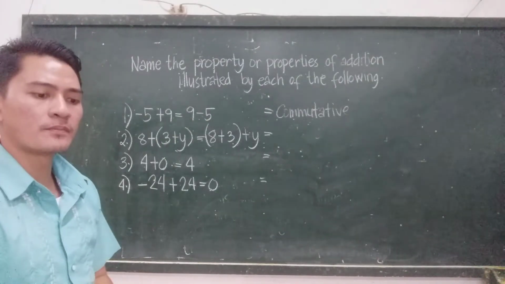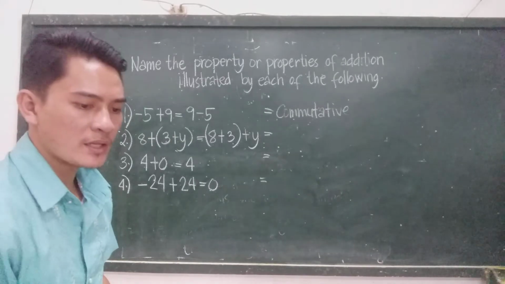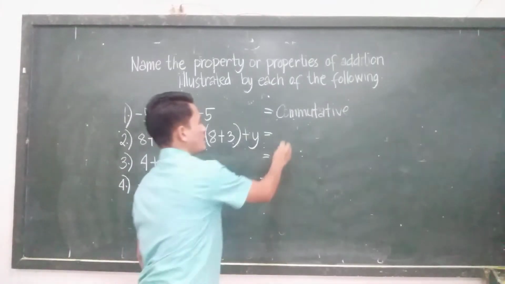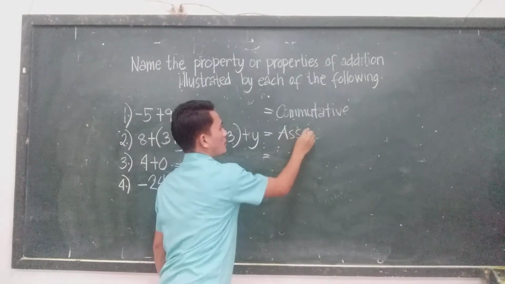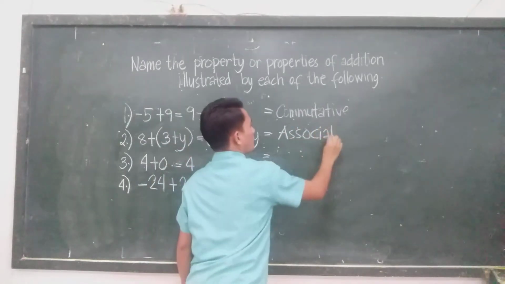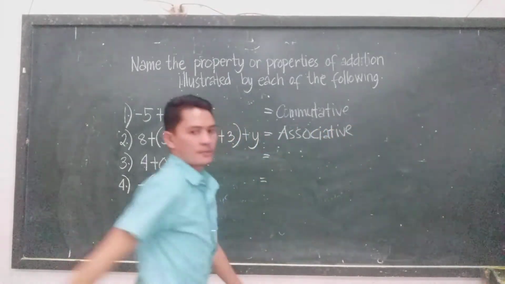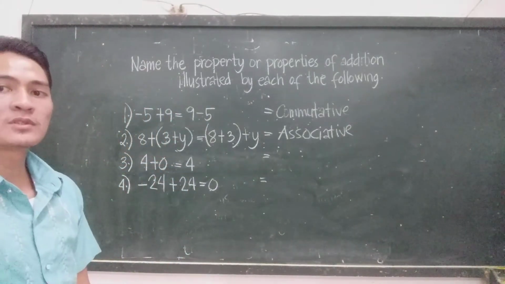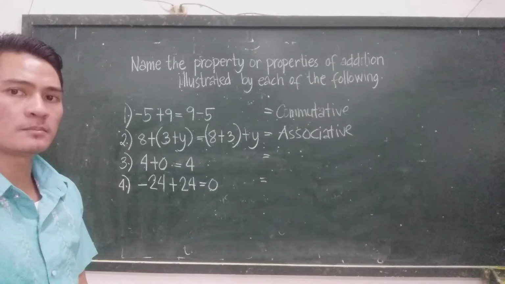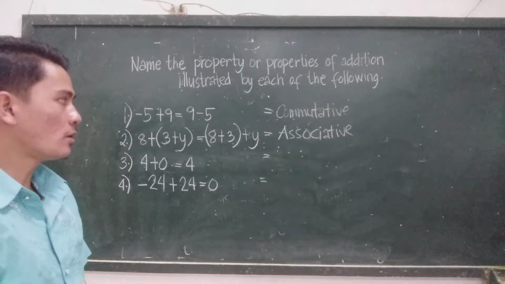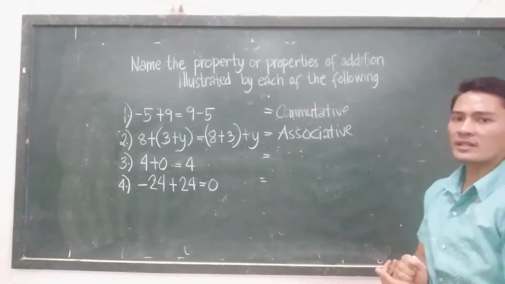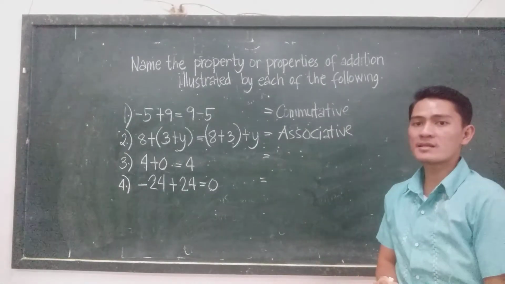Next, number 2 is the associative property, because changing the grouping doesn't affect the sum. For number 3, we have 4 plus 0.